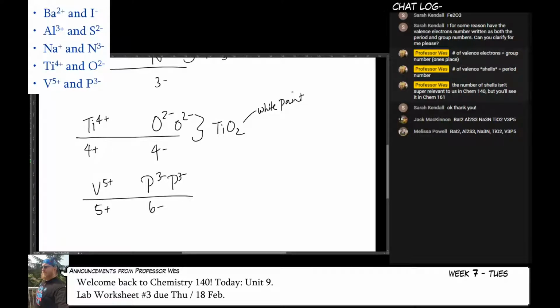Now I have too much negative, so I'm going to add some positive, but positives come in chunks of 5, so you're going to notice that we're going to be doing this back and forth thing pretty often. Oh, I still don't have enough, so I'll add another one. Now I have too much, so I gotta do this. When does it end? I just need one more. And so this would be V3P5.